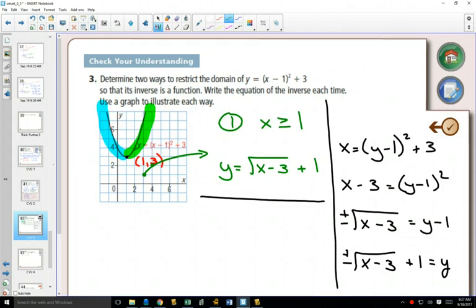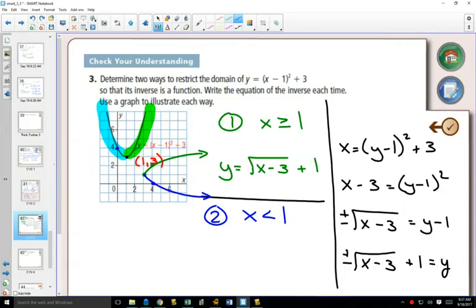The second way is on the left-hand side when x is less than 1. If you took points like this one, 0, 4, it would go to 4, 0. That would be the bottom part to that parabola.